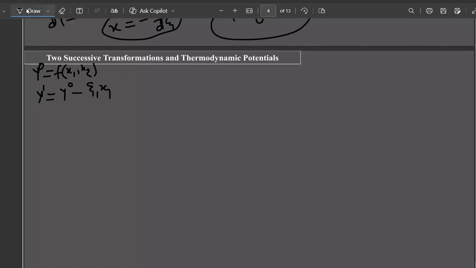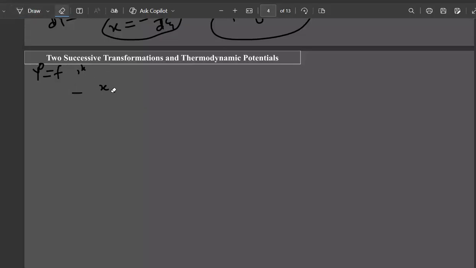We can also calculate using another method: y0 is a function of x1 and x2.